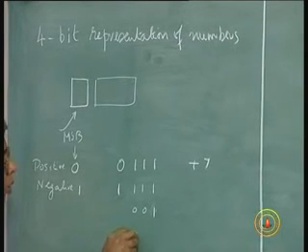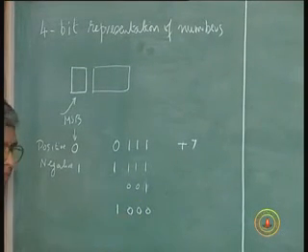So 1 followed by 0 0 0, again this is a negative number.